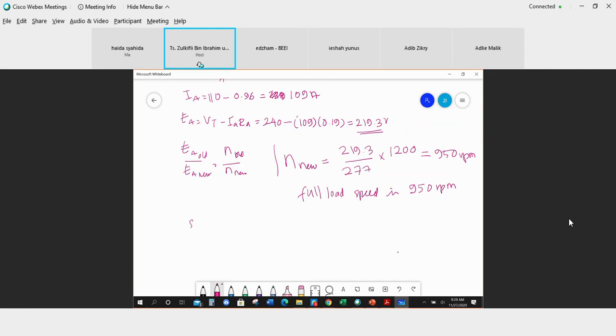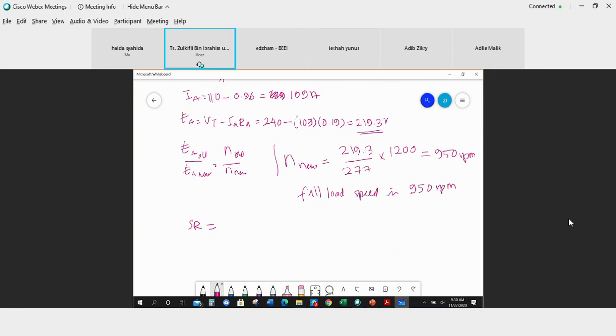The speed regulation shows the range that the machine's rotational speed can be in. Meaning the speed regulation is the range of your DC motor speed, in percentage, when your machine is loaded at full load. So it's between no load and full load.